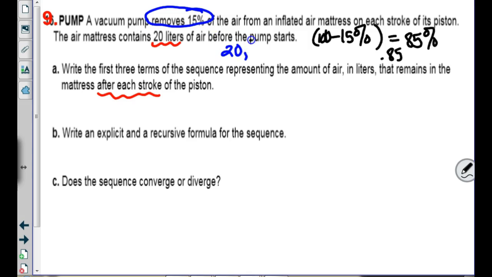So we need to do 20 times 0.85 to figure out how much remains after 1 stroke. Somebody got that? 17. And after the next one, you'd multiply by 0.85 again. That's going to be a decimal. And then one more. Is that rounded?